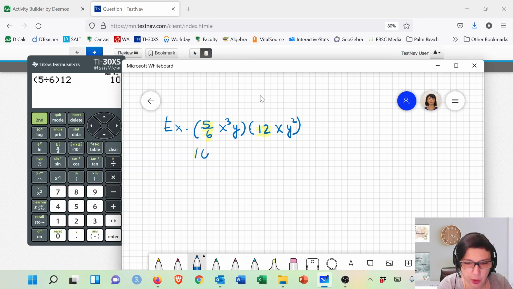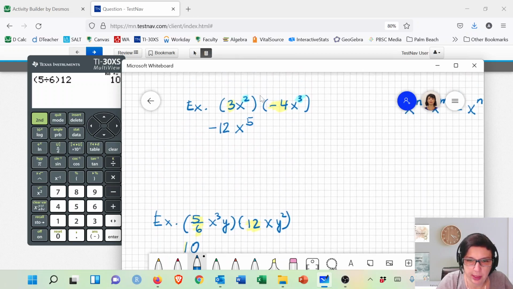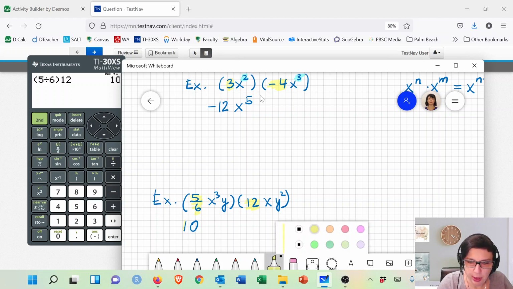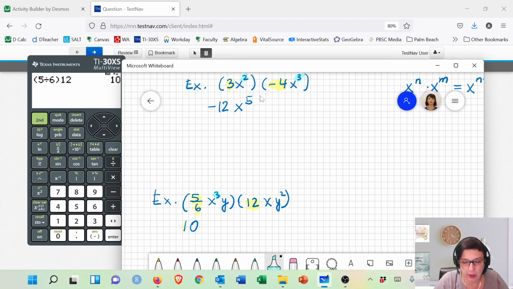All right. The next thing to do is to look at the x's. Before, in the previous example, you saw how I was highlighting the powers and adding them. But here you kind of get stuck because you see x cubed, which has a power 3, and you're like, okay, I do see an x, but it doesn't have any power, so what am I supposed to do?